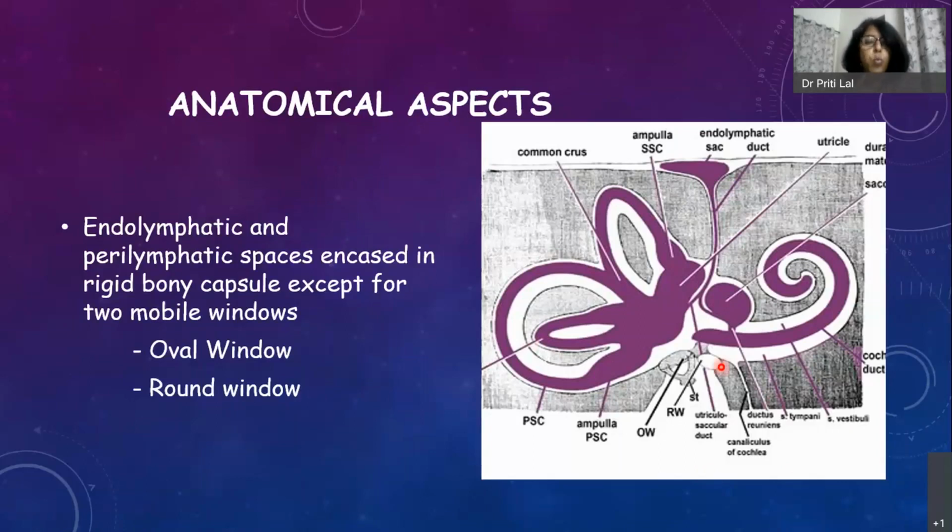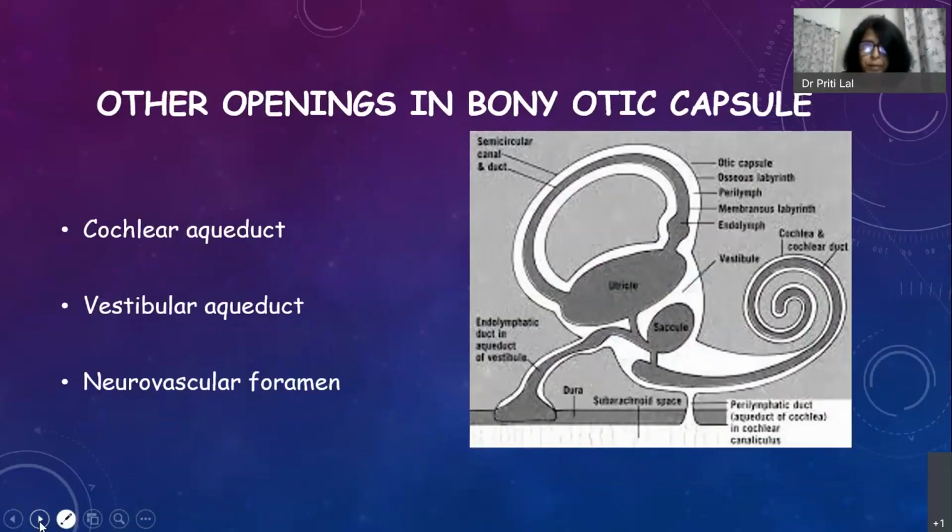That is the two windows which are mobile, the oval and the round windows, the movement of which helps in sound perception. These are the only two mobile windows in an otherwise totally rigid bony capsule.